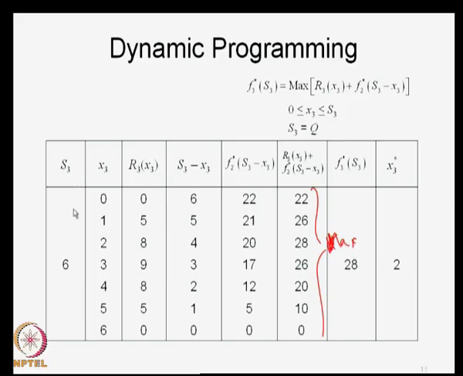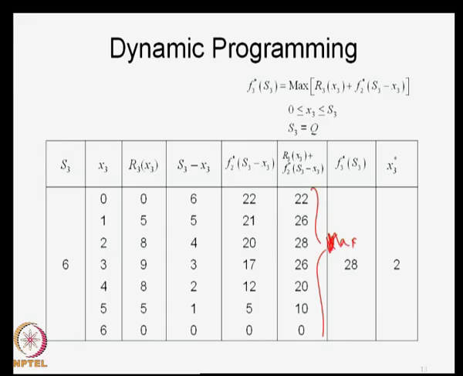What I mean by that is, it says that if 6 is available at stage 3, then you allocate 2 to user 3 and you get a maximum benefit of 28. This is in fact the maximized value of the objective function after you complete all the allocations.